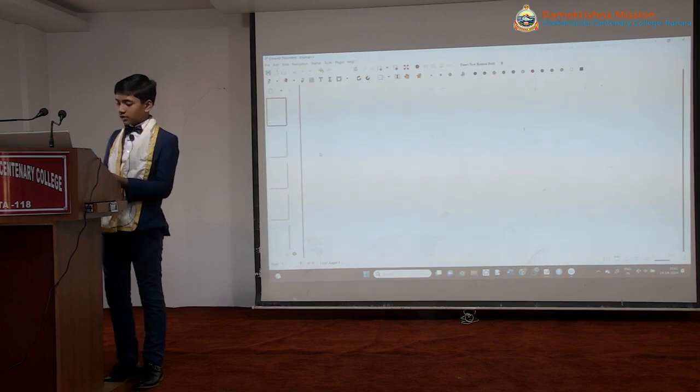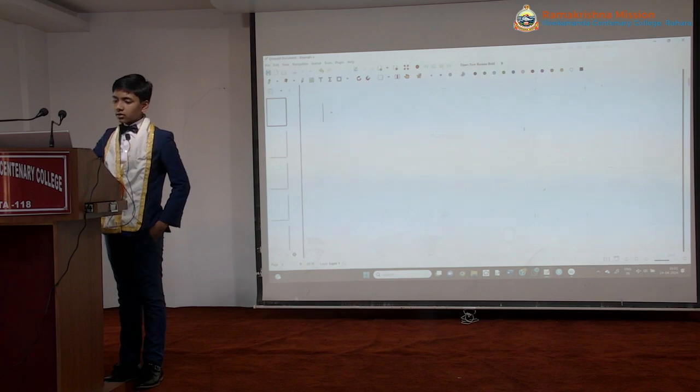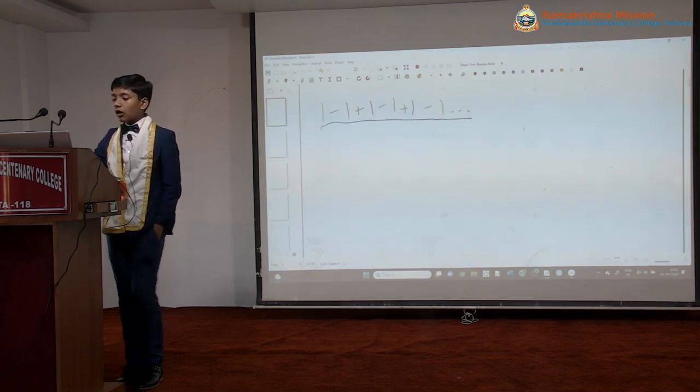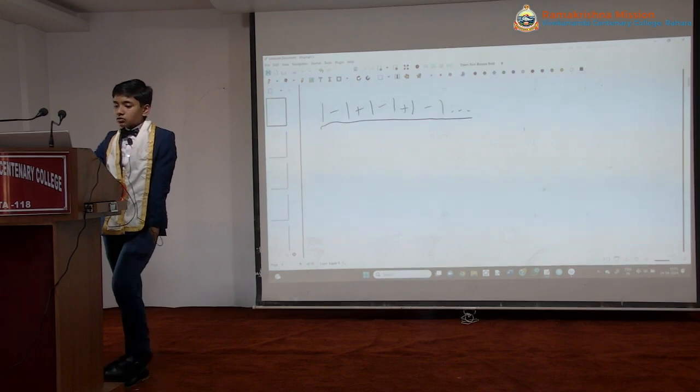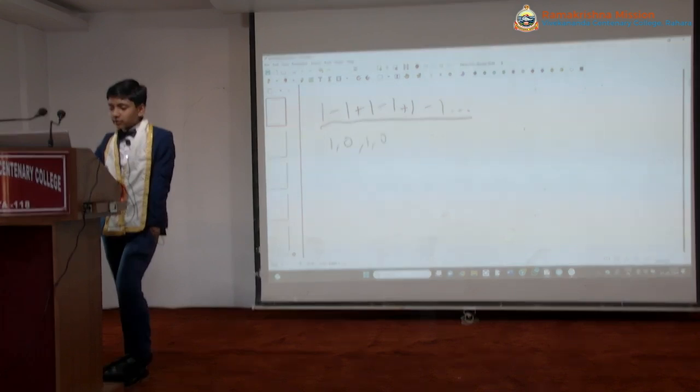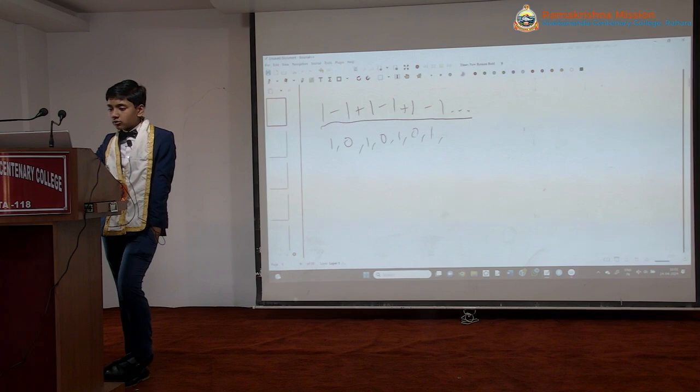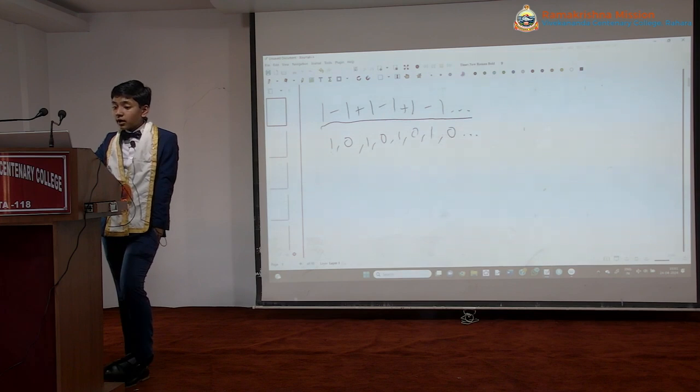Well, there's a bunch of empty space over here, so might as well. Etc. Alright, so now the partial sums are going to be, as Professor Chakraborty mentioned, 1, 0, 1, 0, 1, 0, 1, 0. Now let's take the mean of them over time.